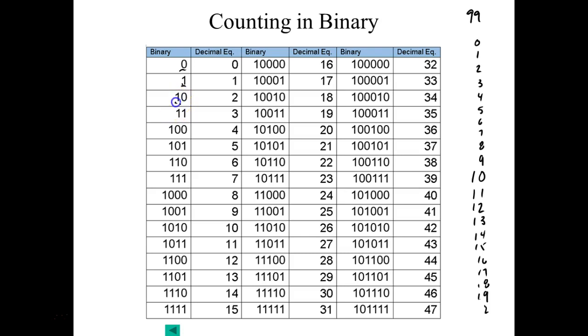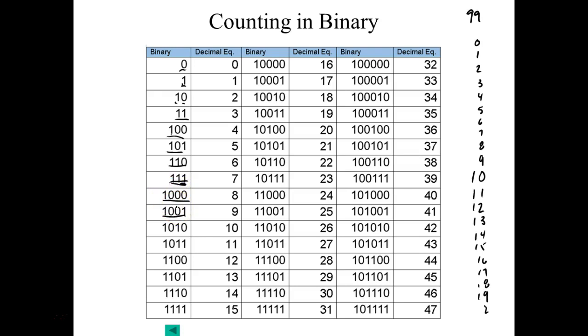So I add another bit and I start over. Well, heck, I've run out of combinations again. I can't go to 2, so I add another bit and start over, right? So this would be 4, 5, 6, 7, 8, 9. Oh, I run out of combinations. What do I do?